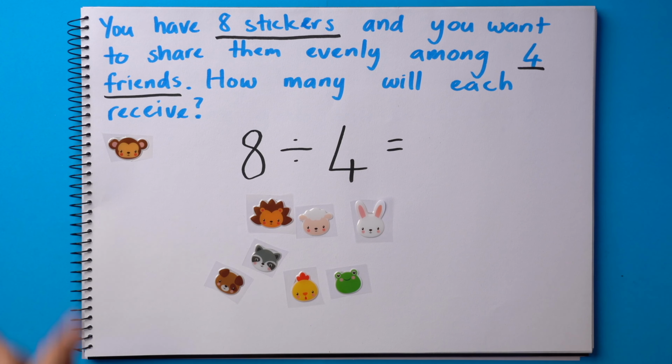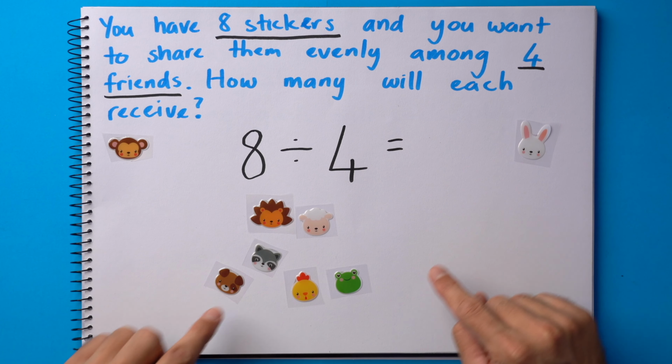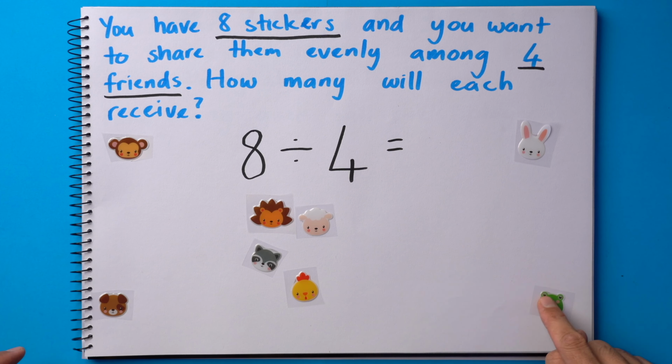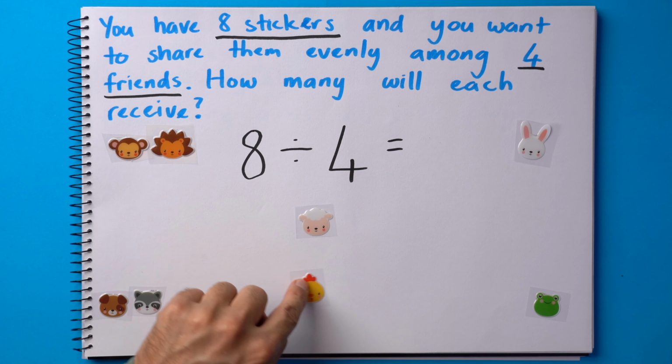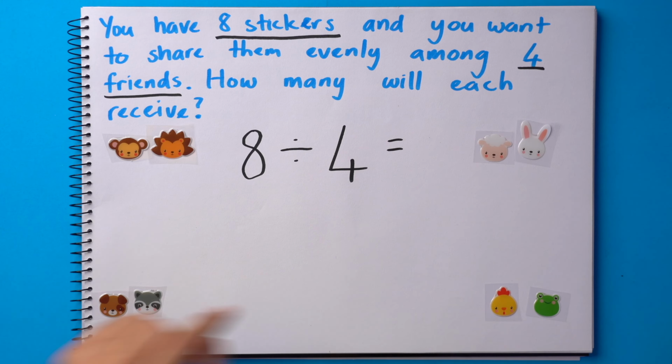What we need to do now is we need to share them between 4. I'm going to put one group over here, put 1 into each group, and I've now shared my collection into 4 equal groups.